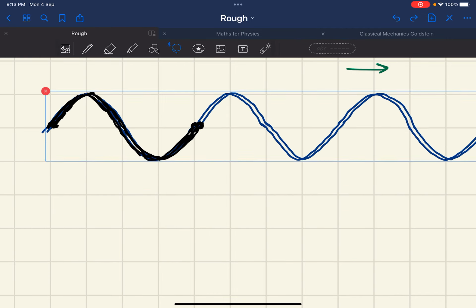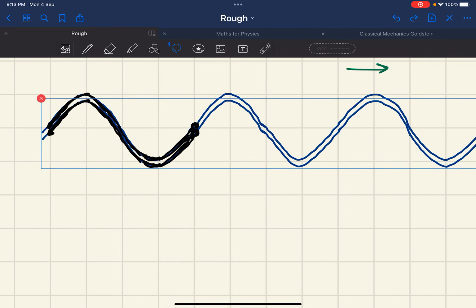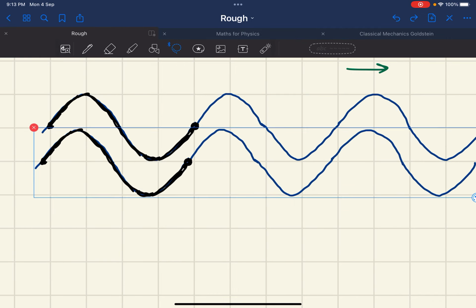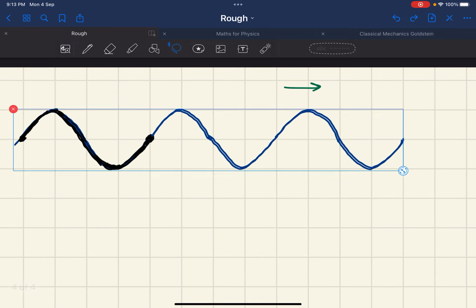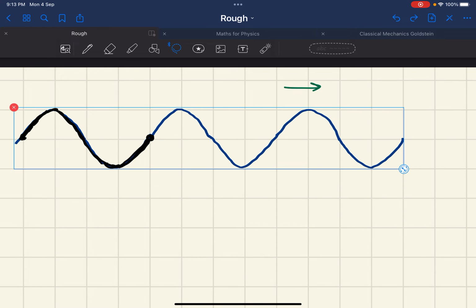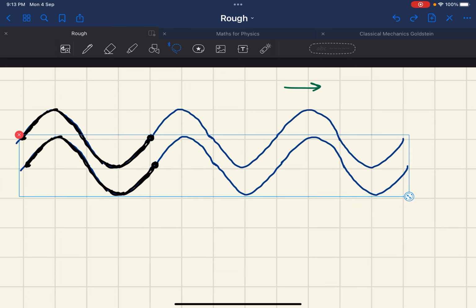Now, if we want a wave to be 2 pi out of phase with this wave, okay, 2 pi is one whole cycle if you're thinking of it in radians, so 2 pi is one whole circle. So let's look at the black line.